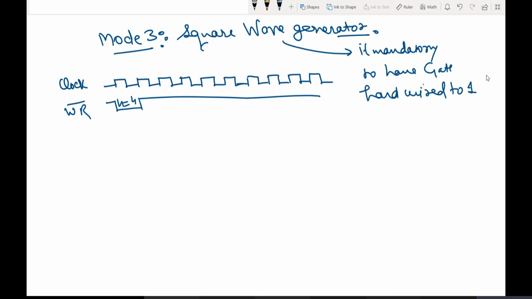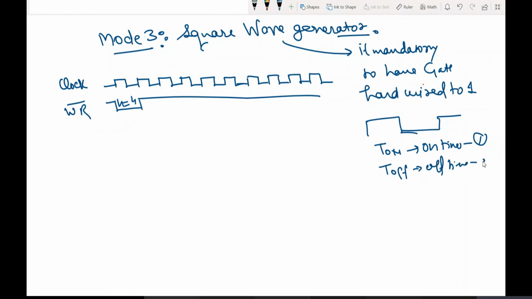How do we define a square wave? Can anyone tell me? This is a very simple concept. Any wave has two things: T on, which is called the on time, when it is high or the level is 1, and T off, the off time, when it is low.